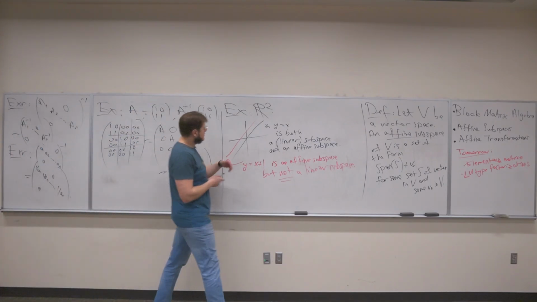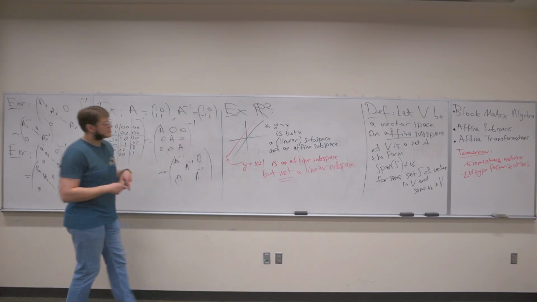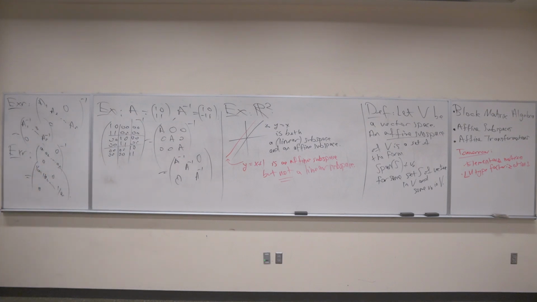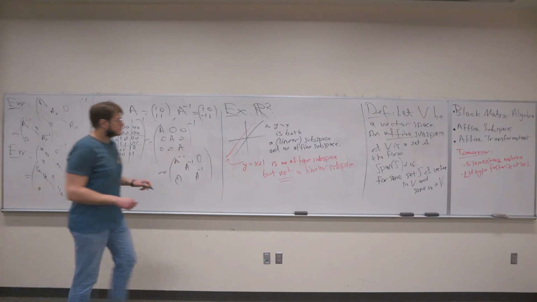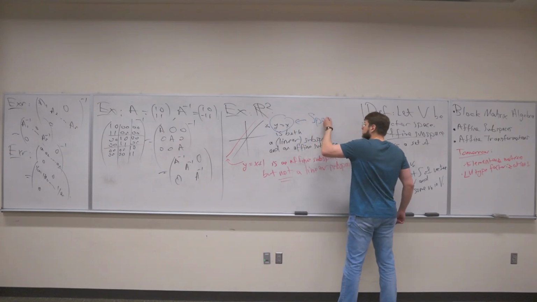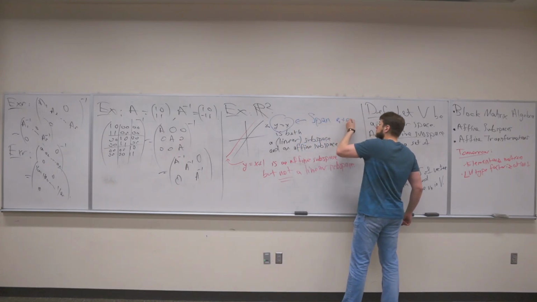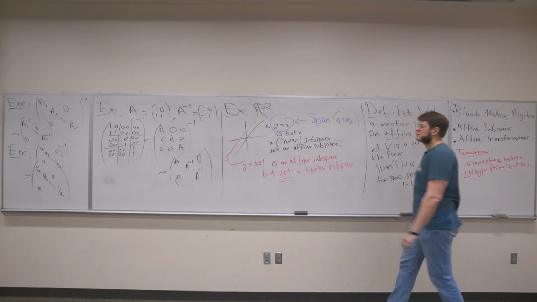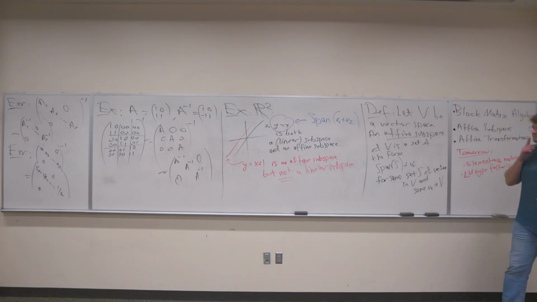So for instance, in this case, what I can say is y equals x is the span of e1 plus e2, e1, e2 being the standard vectors, 1, 0, and 0, 1. And this is a diagonal line.